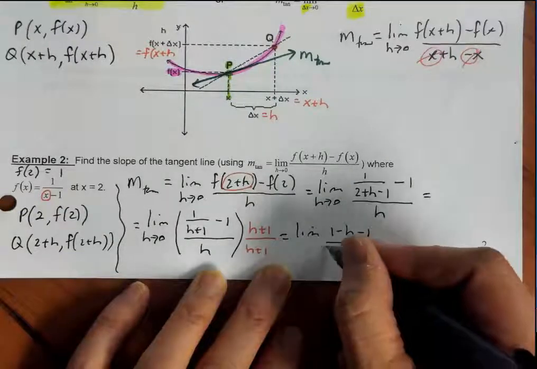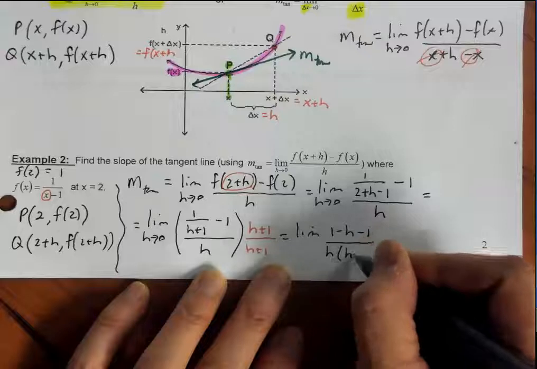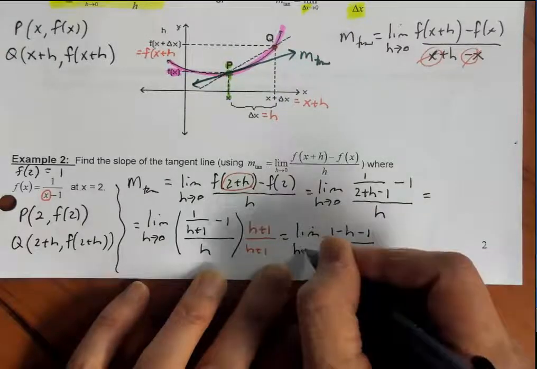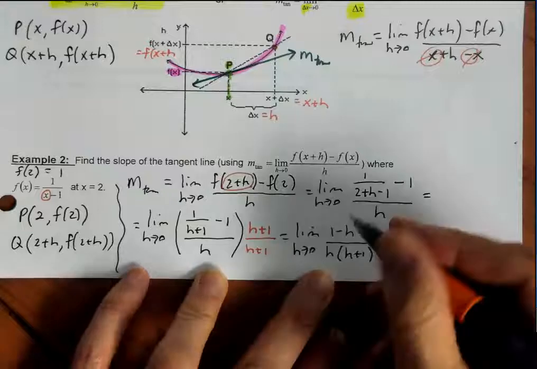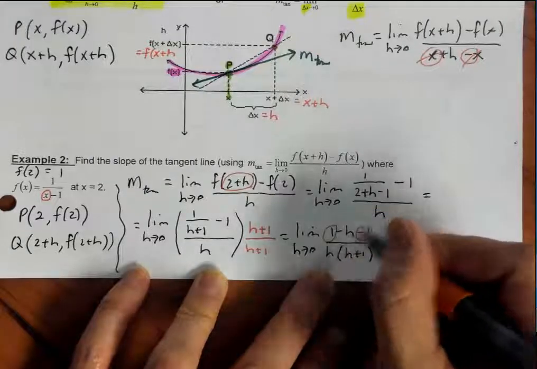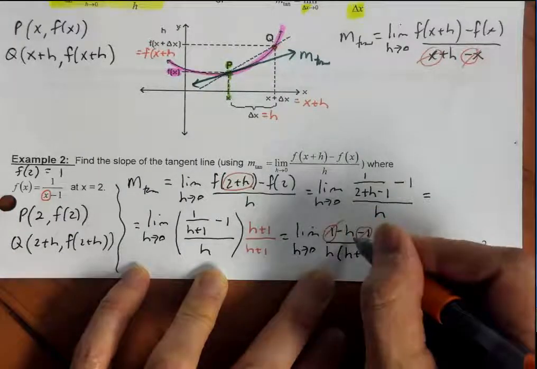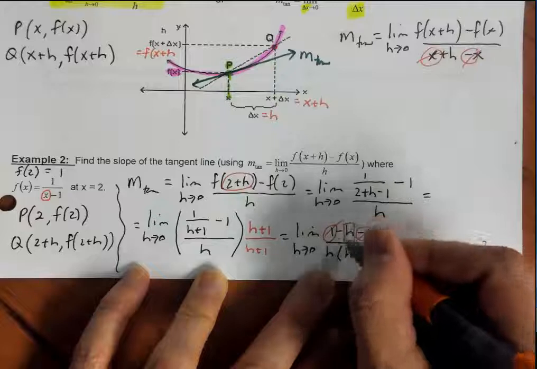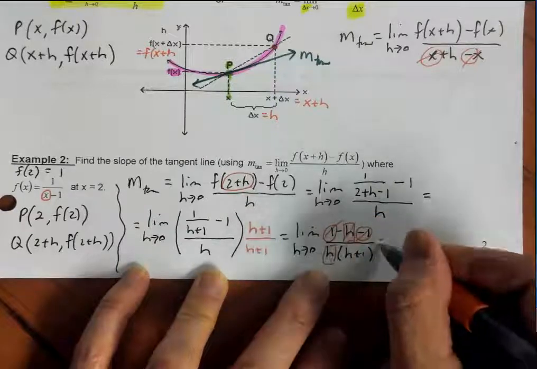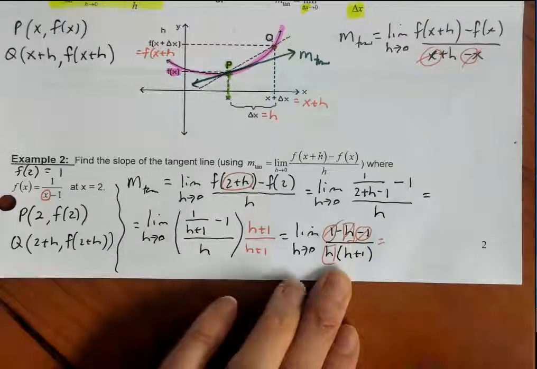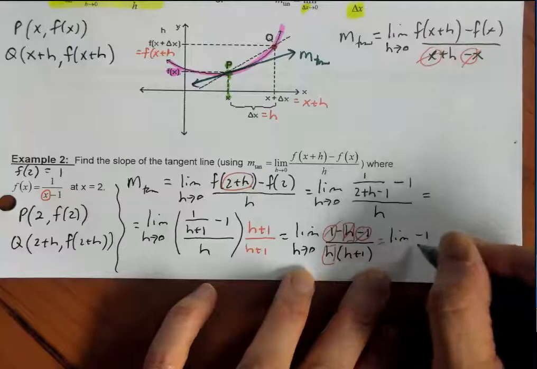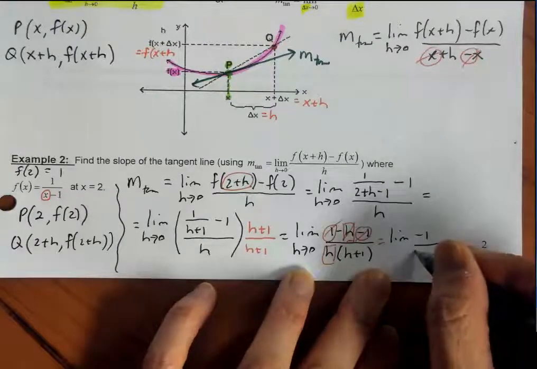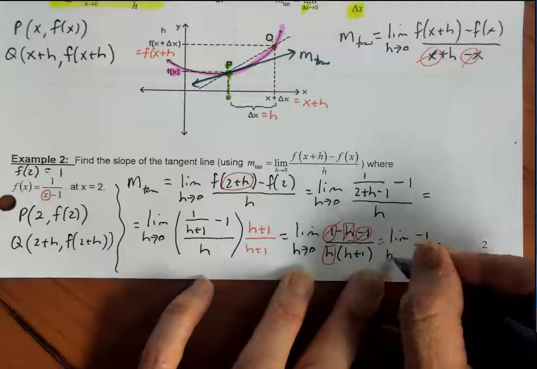So it'll be h and then quantity h plus 1 as h approaches 0. And then you get things to cancel out. This will cancel with this, cancel, cancel. And then I have my h here, which will cancel with this h. And so I'm left with overall, in the numerator, a negative 1. And then in the denominator, I have h plus 1 as h approaches 0.